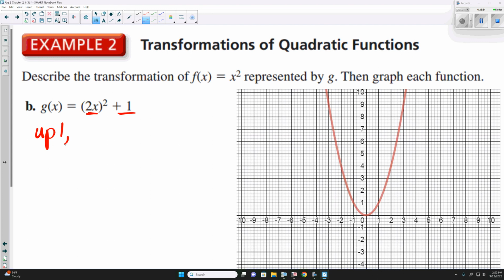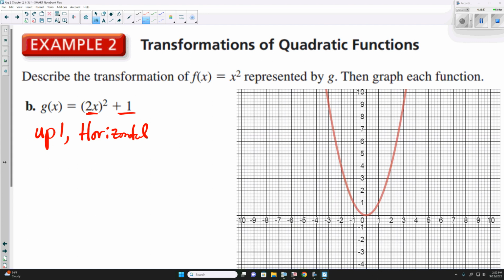Now the other one is our 2. 2 is being multiplied by x, yes? So is it horizontal or vertical? Horizontal, because it's inside. So what does it look like it should be? Looks like it should be a stretch, yes?